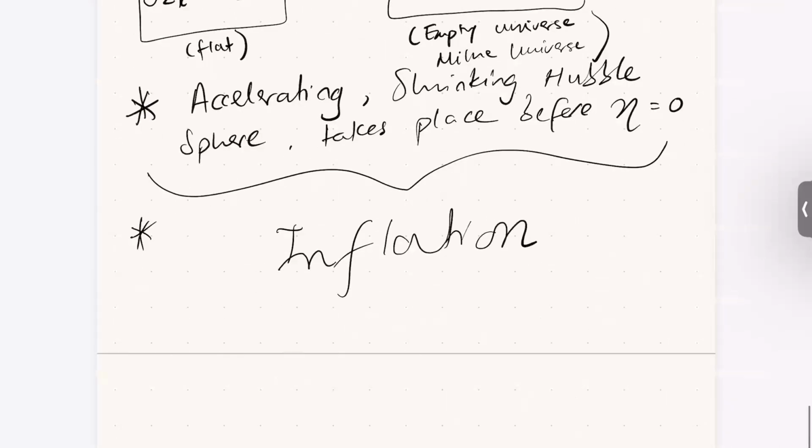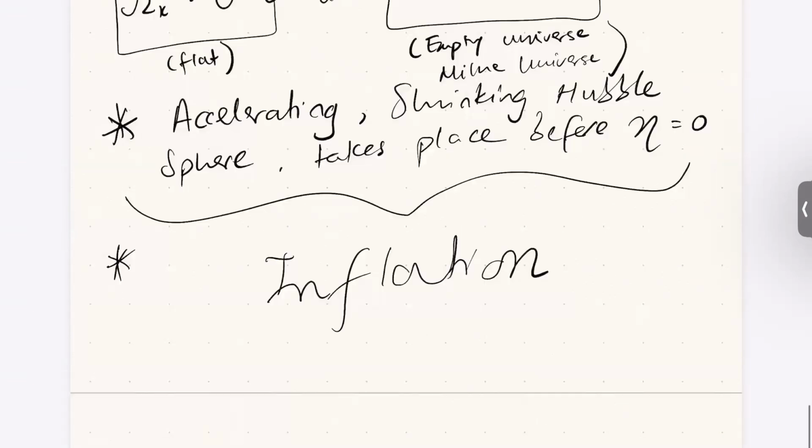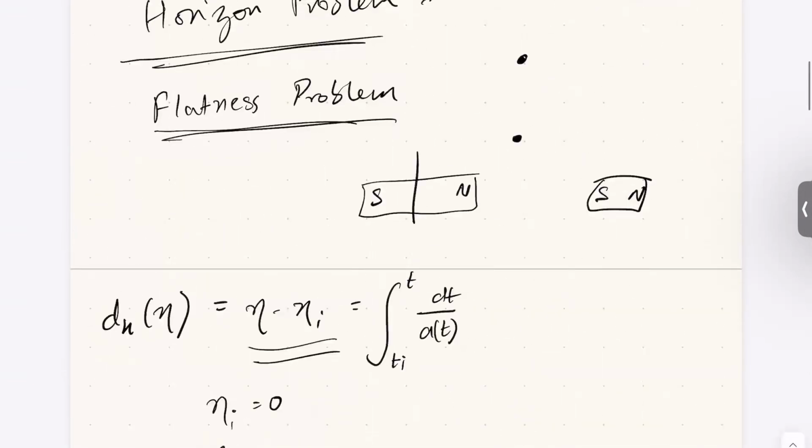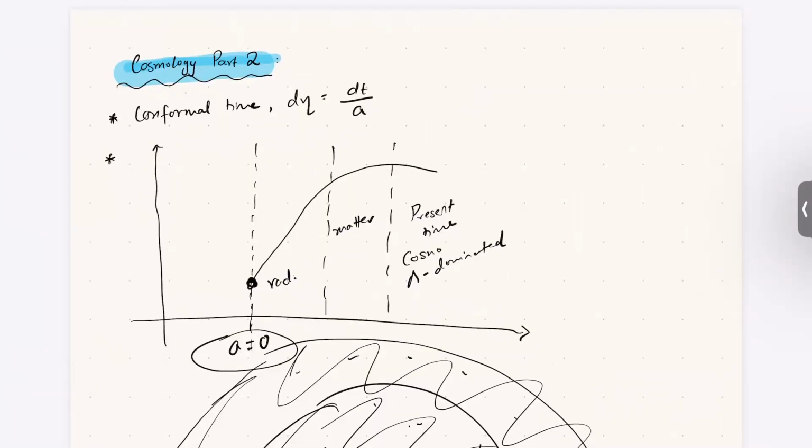Now, another question to note over here is that, okay, the universe was expanding, right? But then it didn't have any sort of acceleration. So let me go back to my picture that I started with over here. So we know that the universe was expanding over here, but it did not have any sort of acceleration. Now we're saying that inflation takes over in the early universe.